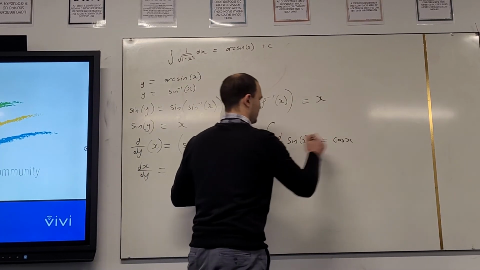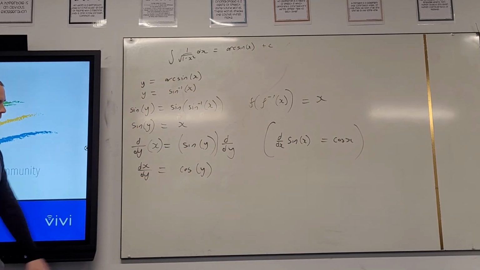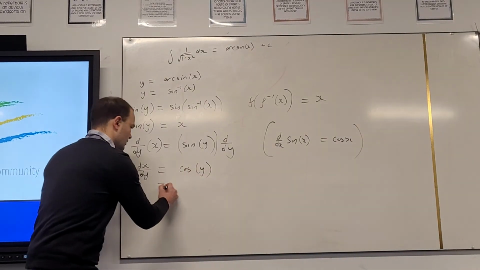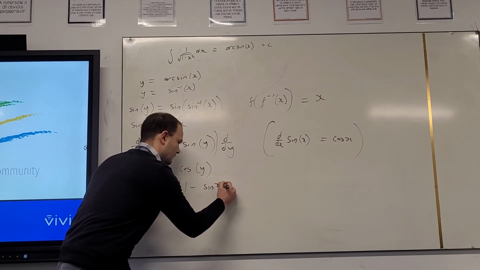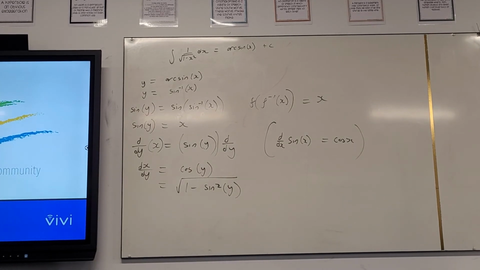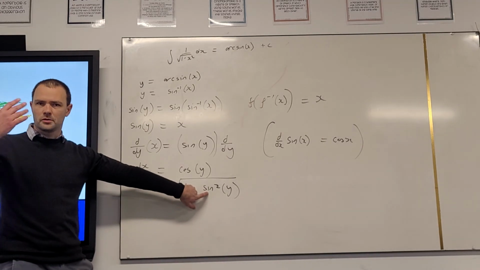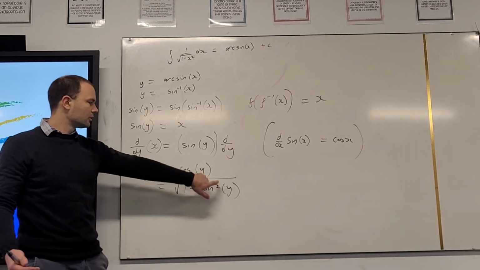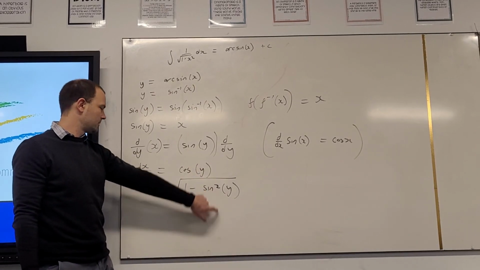Now, one way we can express cos y is the square root of 1 take sine squared of y. Right, so 1 take sine squared of y would be cos squared of y, and the square root of cos squared of y would be cos y. Alright, so that's the legitimate operation.